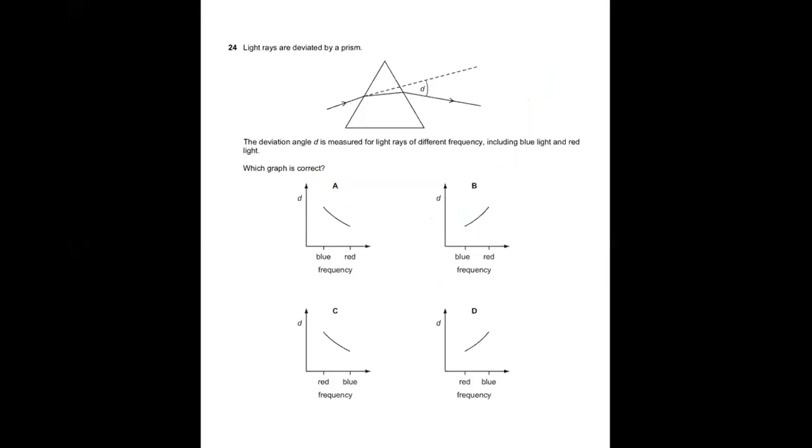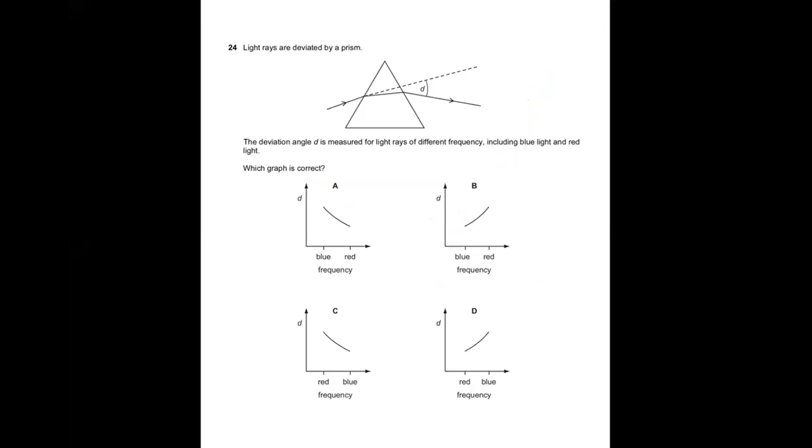The next question is about dispersion and prism. Light rays are deviated by a prism. The deviation angle D is measured for light rays of different frequency, including blue light and red light. Which graph is correct?